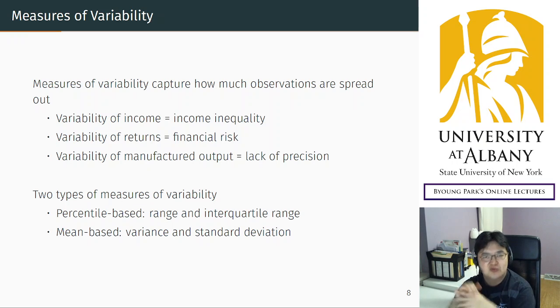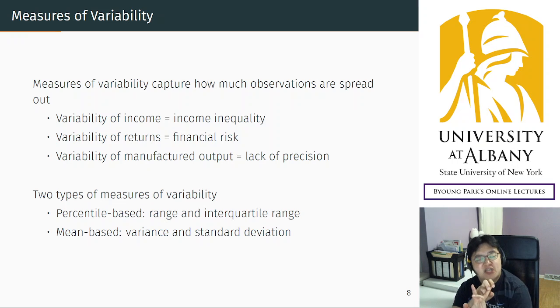So to accommodate these ideas in these examples, we will define two types of measures of variability. Remember, in the previous chapter, we defined broadly two types of measures. One is the mean, which is the most powerful measure, and the other, an alternative to the mean, is the median.